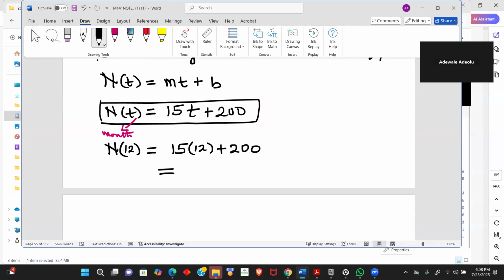Here we're going to have, I believe, 180 plus 200. How do I do that? I can say 15 times 10, that is 150. I have 2 left, so 15 times 2 is 30, plus 150 is 180, plus 200. So that is 380. So he is going to have 380 songs in 1 year.